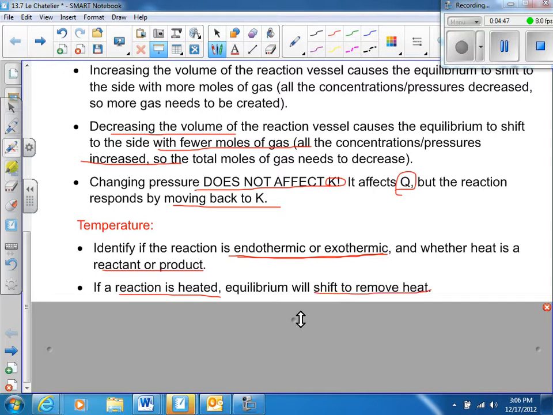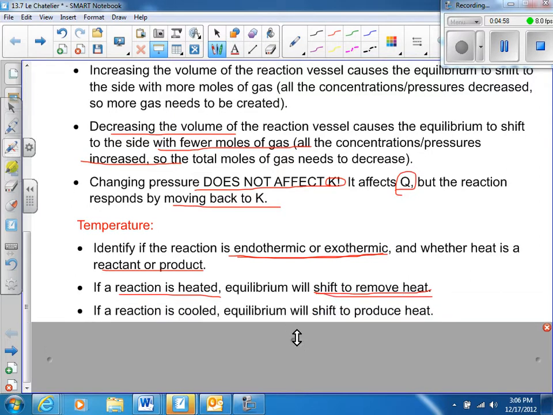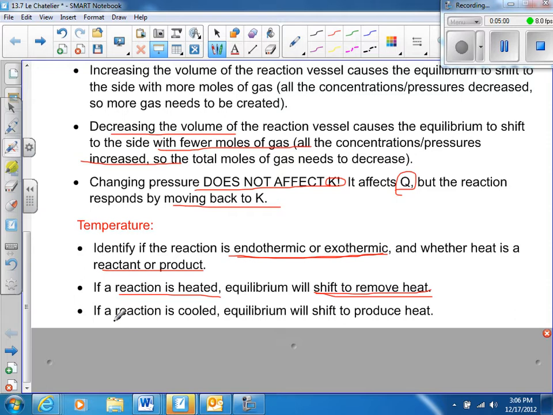So it depends if the reaction is exo or endothermic. You just have to make sure if you increase temperature or heat a reaction, we move in such a way that we remove heat. If you decrease temperature or stick a reaction container on ice, the reaction wants to create more heat, so it'll shift to the side where the heat is.